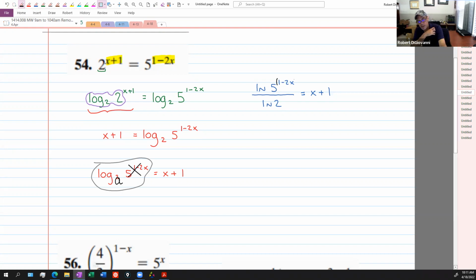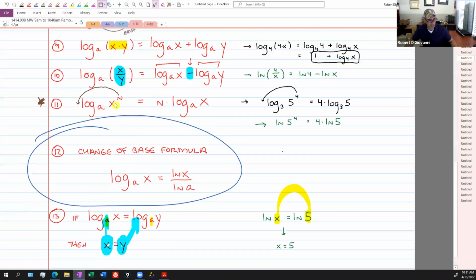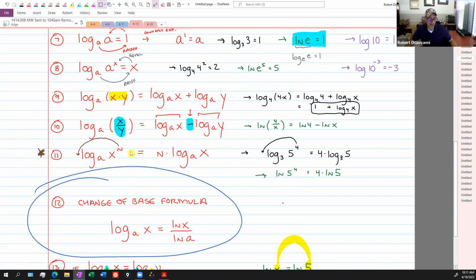Look at this 1 minus 2x. Isn't that the power on that 5? And there's a natural log in front of that. So can't I bring powers out in front like this now? I'm allowed to do that. That's property 11.